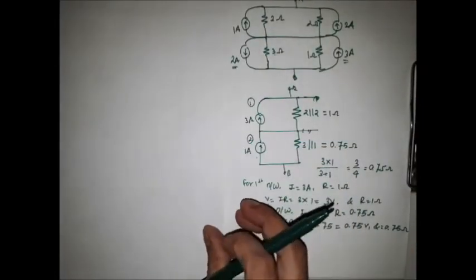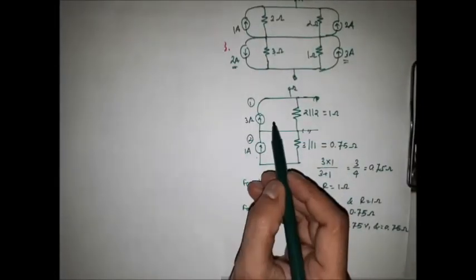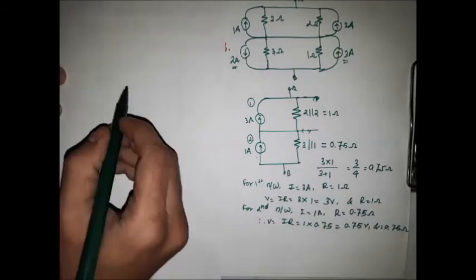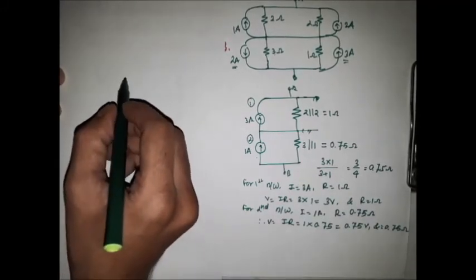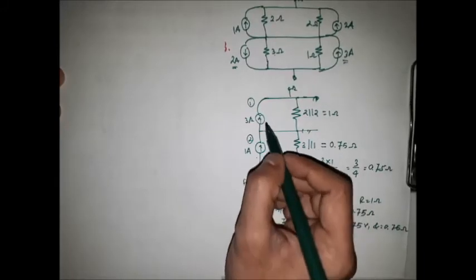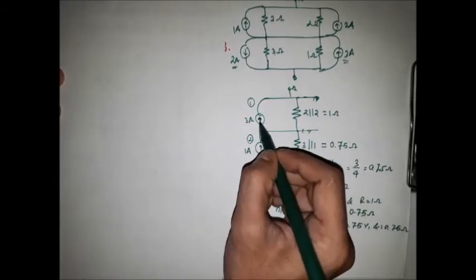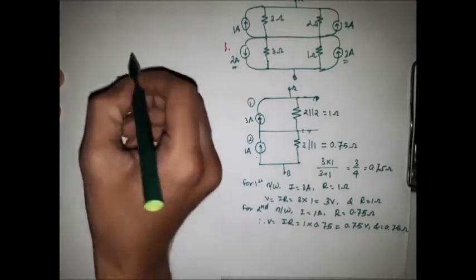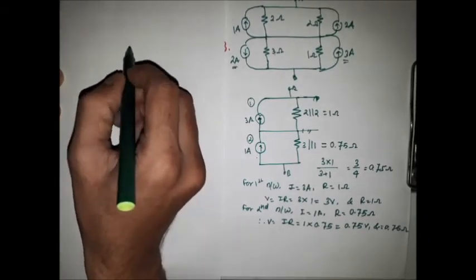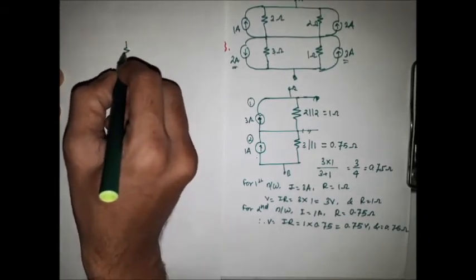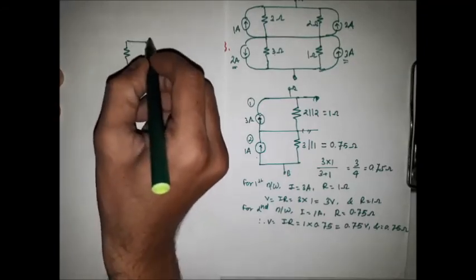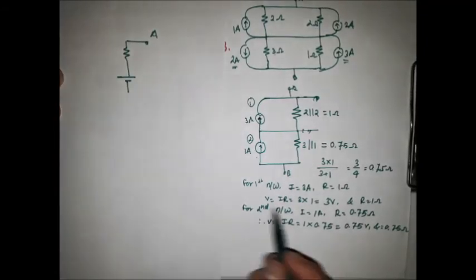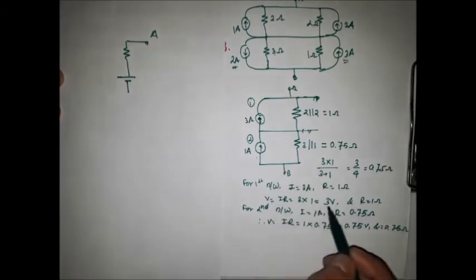Okay, like this, we are replacing this network, current and resistance, like this. Here the direction of the current is in the upward direction, so the higher terminal we consider plus, which is in series with the resistance. This is the A terminal. For the first network, voltage is equal to 3 volt and the resistance is equal to 1 ohm.